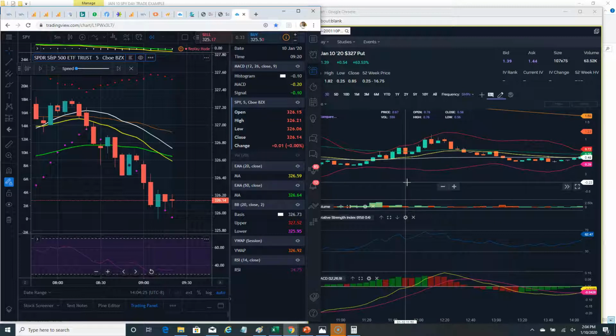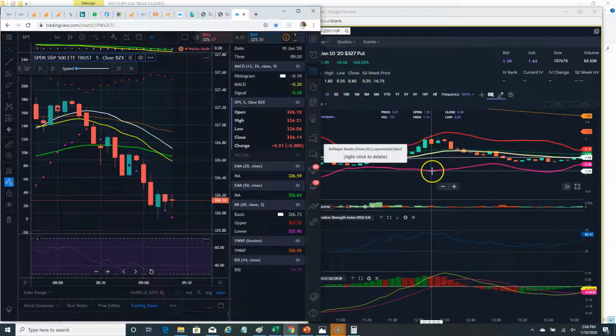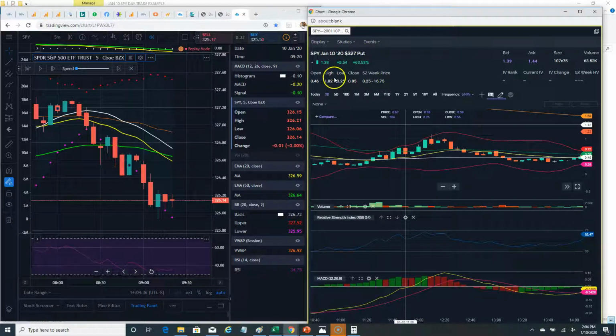Those puts were going for between 56 cents and 76 cents, but my friend, after 1, 2, 3, 4 candles, which is 5 minutes times 4, because how do I know it's 5 minutes? Because each one of these candles is 5 minutes. We end up with a high of $1.14.